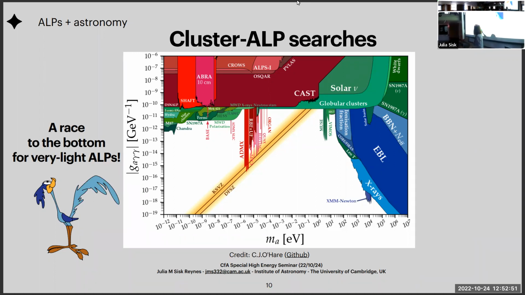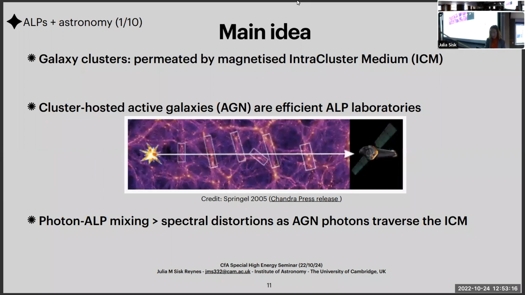But here we're not making any assumptions on the cosmological nature of these particles. So the idea is that clusters of galaxies allow us to get very tight constraints on G, because we are further down in the y-axis in the low mass range. This is what I'll be talking about next.